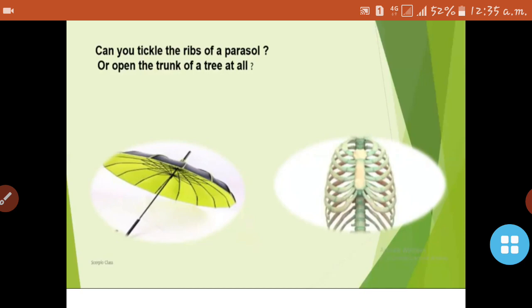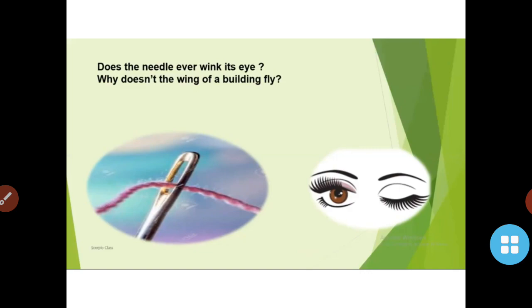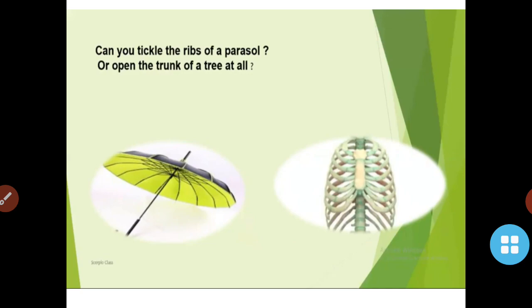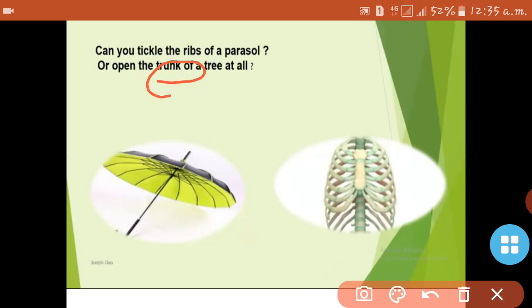Then the second line says, or open a trunk of a tree at all. So what is the trunk? The trunk means the thick part of a tree.